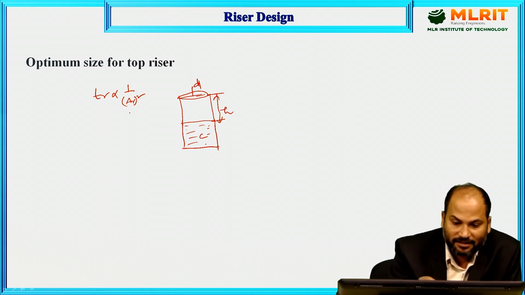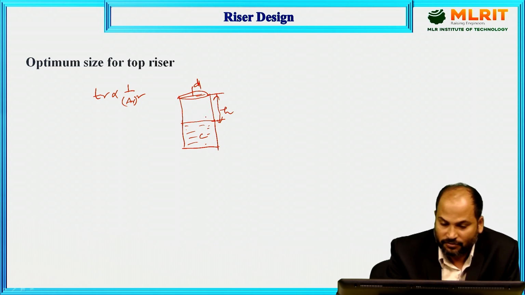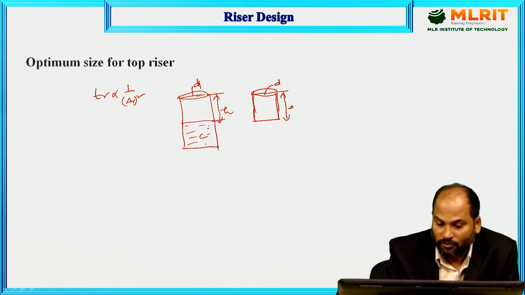So if we write the surface area of this one, I am drawing this separately. Suppose this is the riser, with the bottom part and the top part. The diameter is small d and the height is small h.